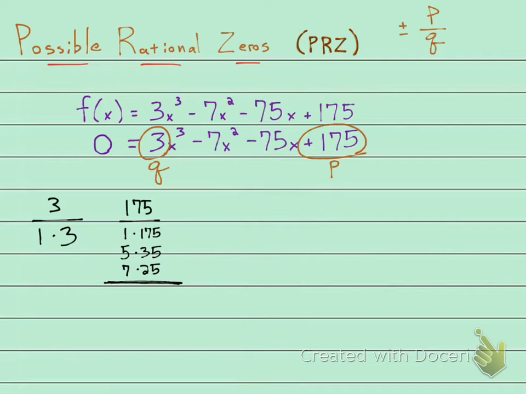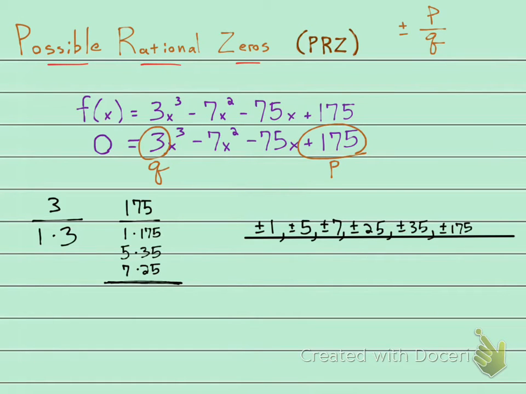I'm going to make a fraction bar here and put all the possible factors of 175, starting with 1, 5, 7, 25, 35, and 175.